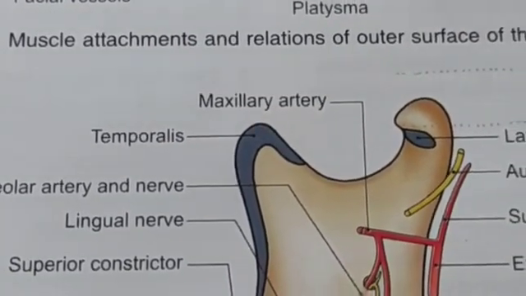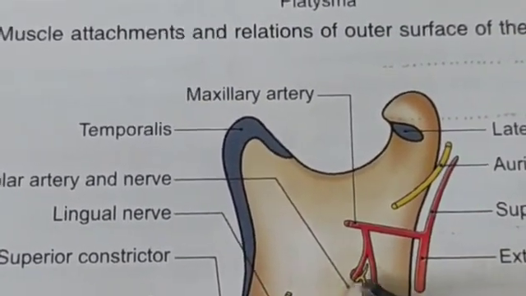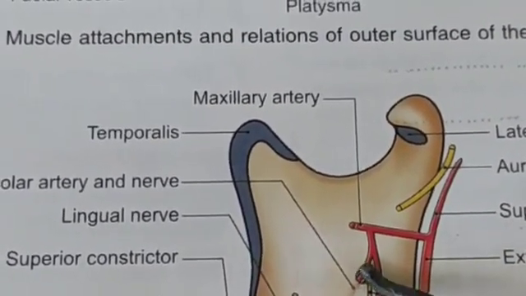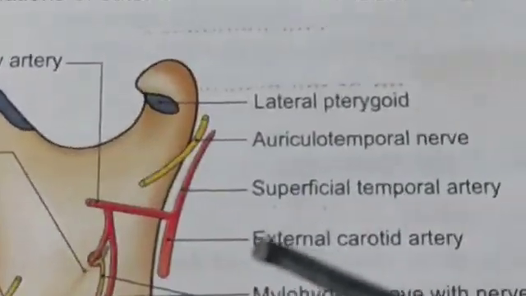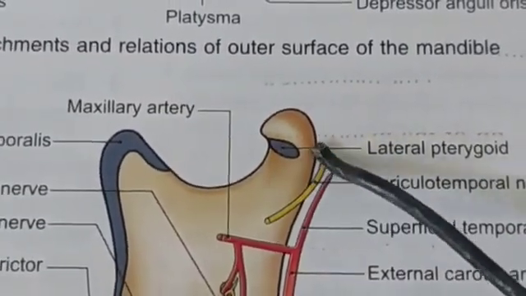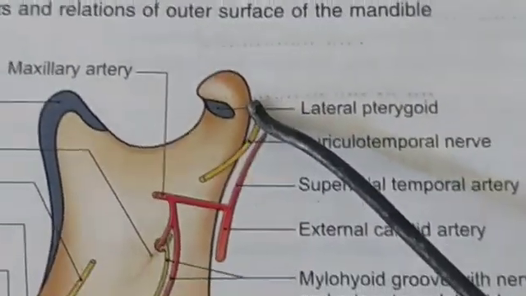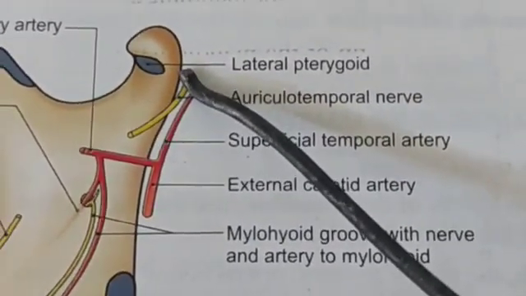Then this lingula gives attachment to the sphenomandibular ligament. Okay, then another is the lateral ligament of the temporomandibular joint. It is attached lateral to the neck.